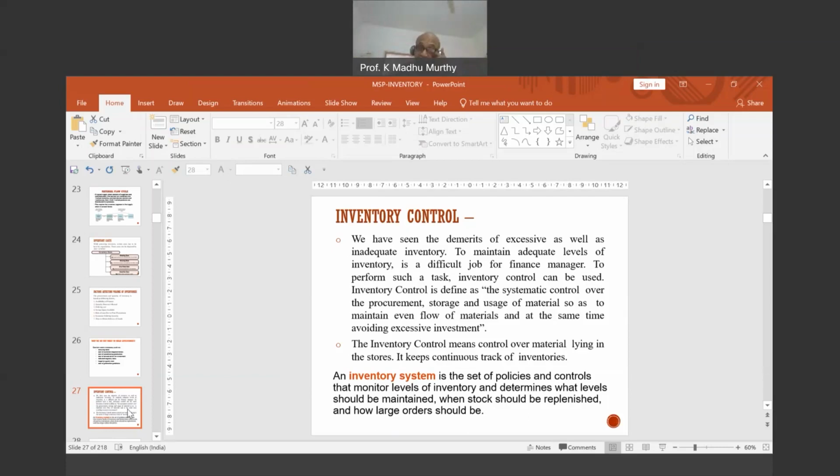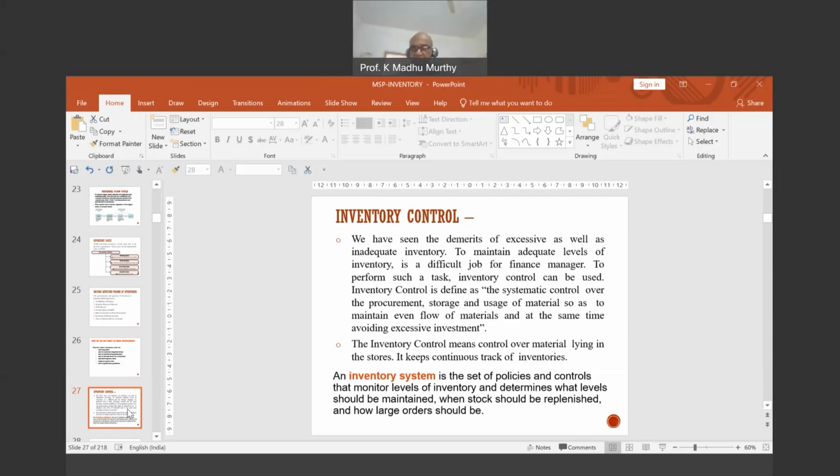So the systematic control over procurement, storage, and usage of material with a view to maintain continuous flow of materials within the organization and avoiding excessive investment is basically what inventory control is all about.